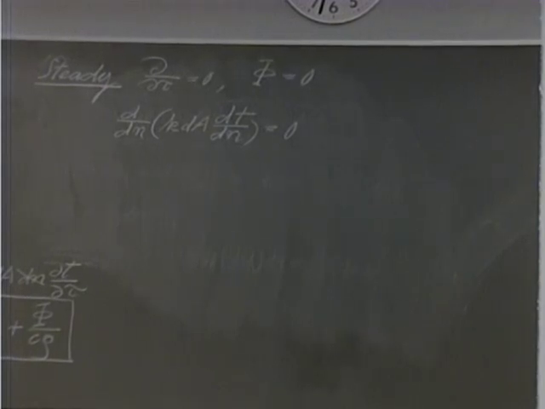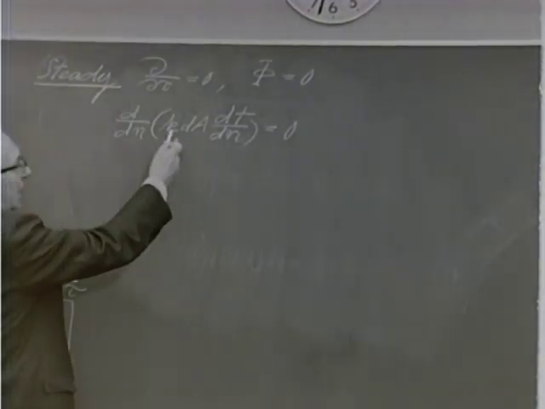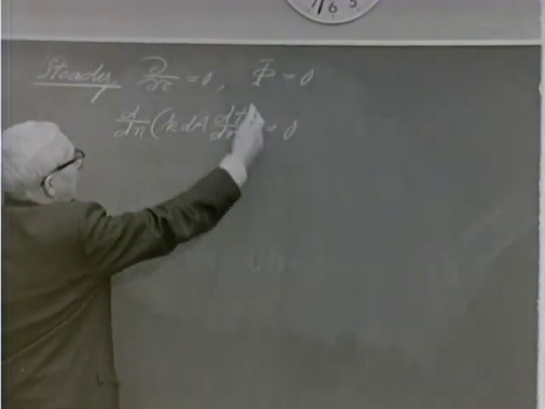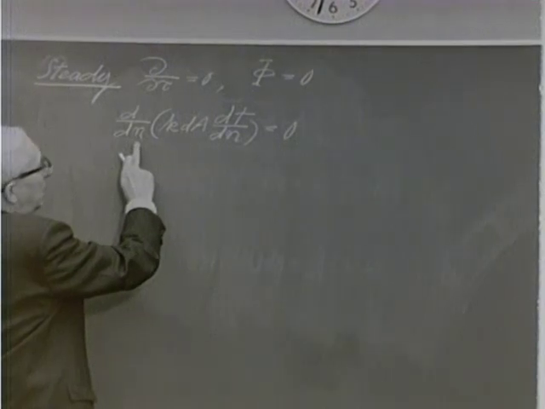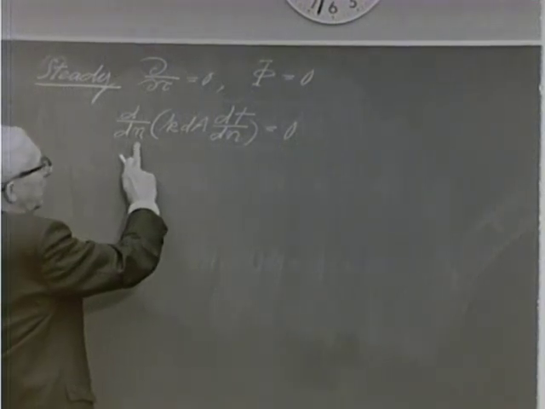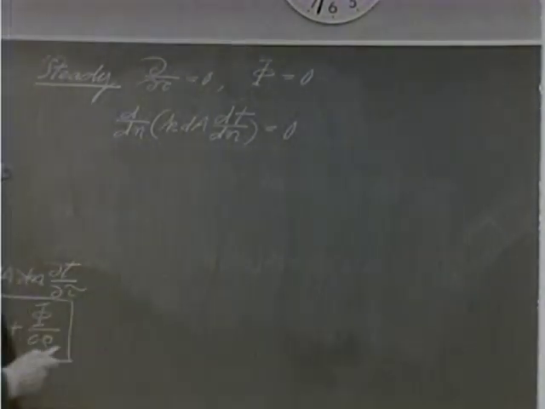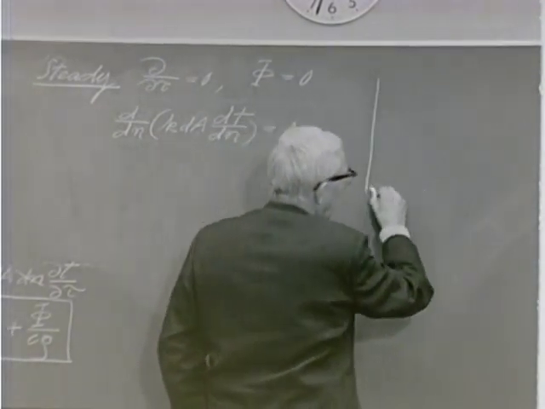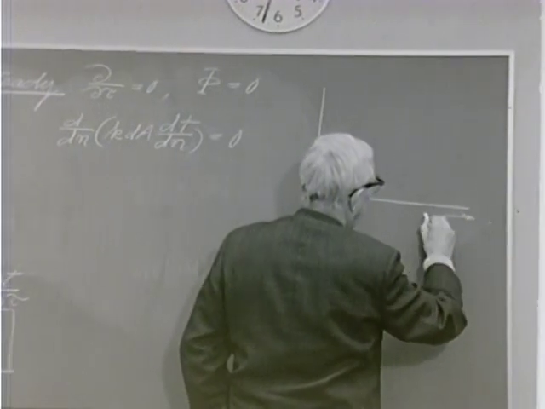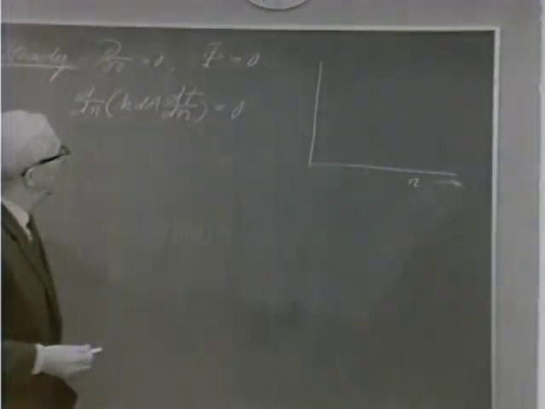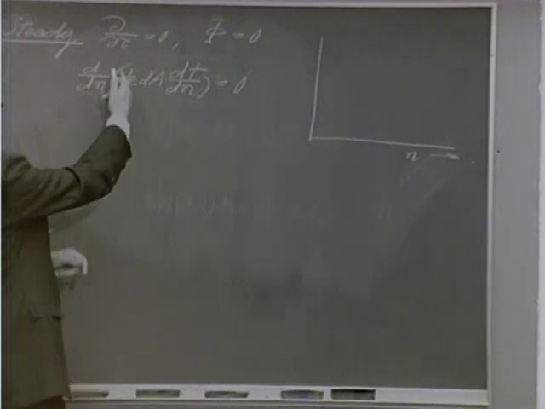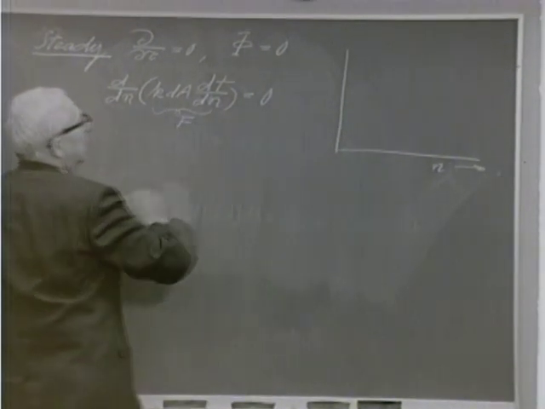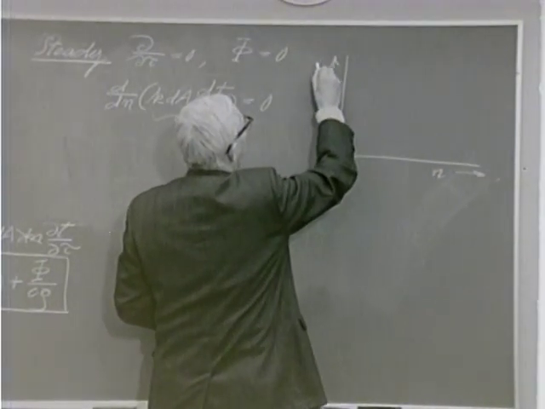Now, what does this mean? If the change of any property, let's say here, for instance, of this quantity which is here in the bracket, along the normal to the stream tube along n is 0. Let's see what this must mean. If we would plot our coordinate along the stream tube n here, and we would plot this, let's just call this simply capital F, and we would plot this F here.